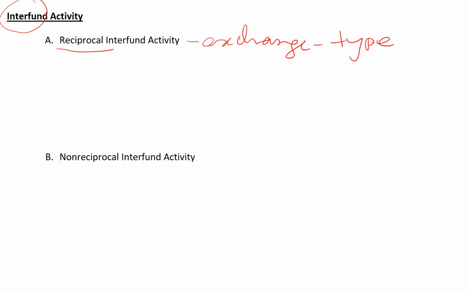That is, it's a two-way transaction. And a very common example here is inter-fund loans.